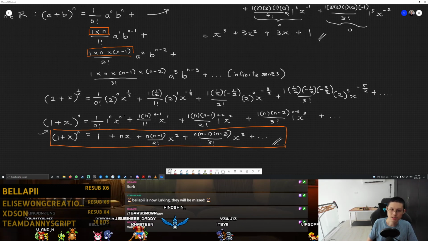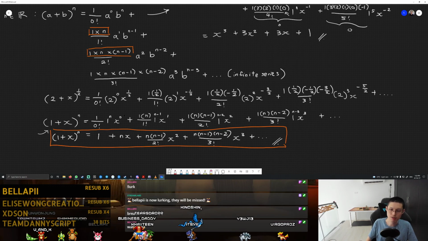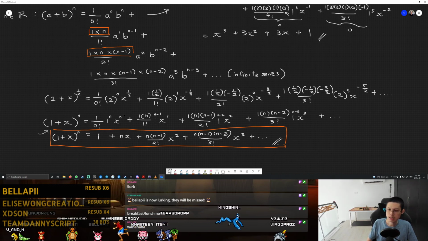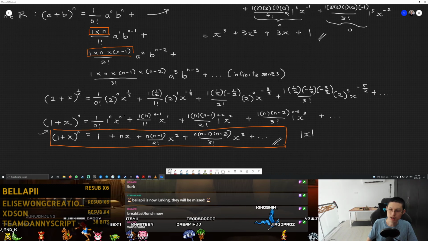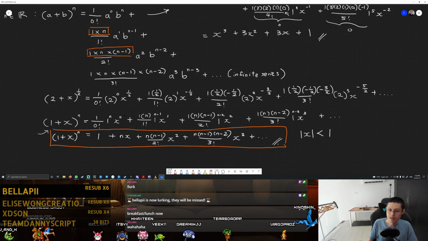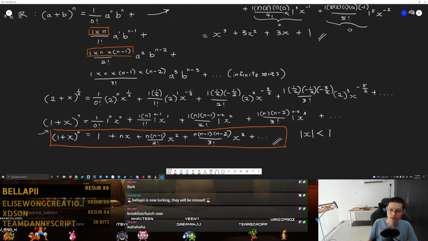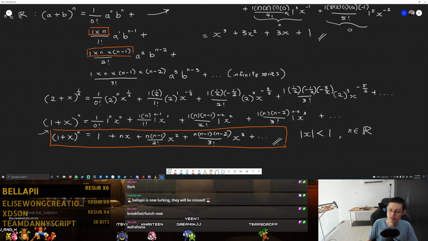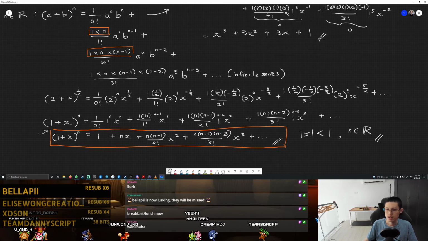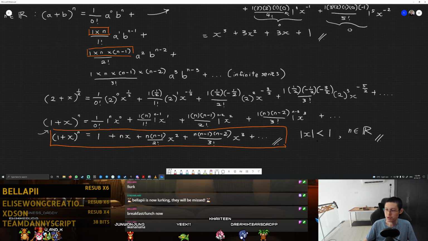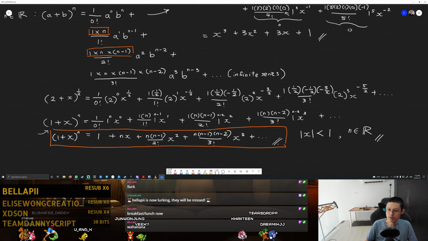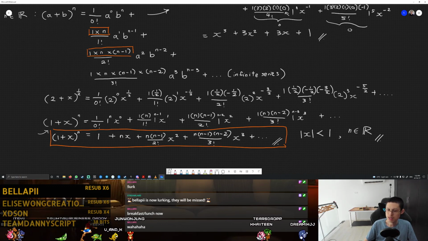However, there are certain conditions associated with using this formula. So the first condition is that the magnitude of x must be less than 1. And then n is any real number. Okay, so this guy must be less than 1. The reason for this has to do with the convergence of the series, if I'm not mistaken.